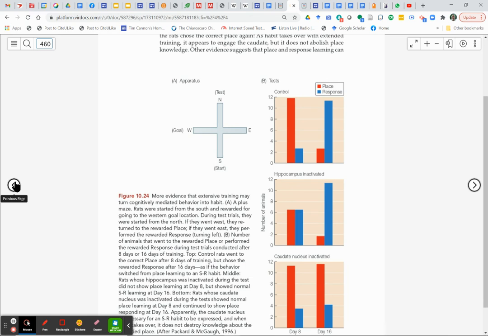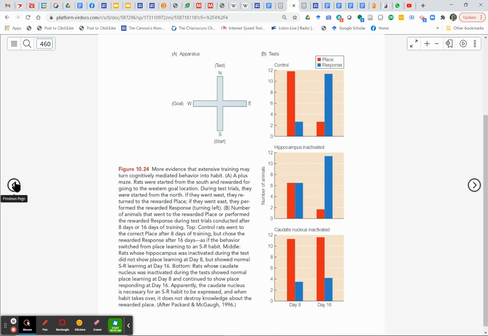You can see there's a big difference potentially between day 8 and day 10, and inactivating the hippocampus doesn't do much to response, but inactivating the caudate definitely does. So that's very clever research, and that's McGaugh, and he is clever, very clever.